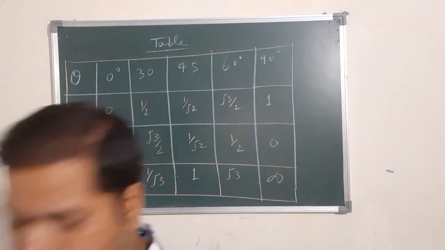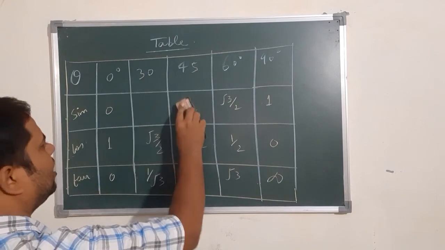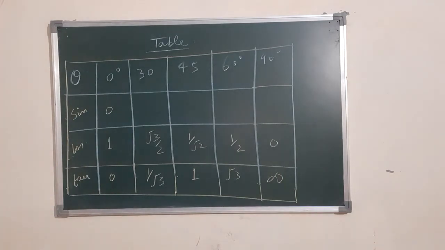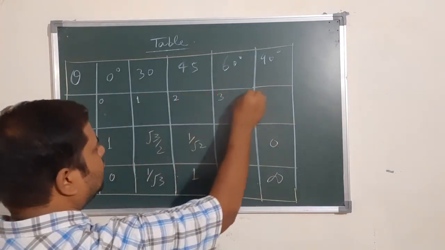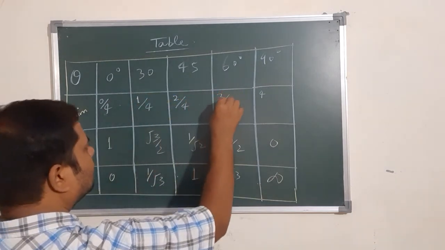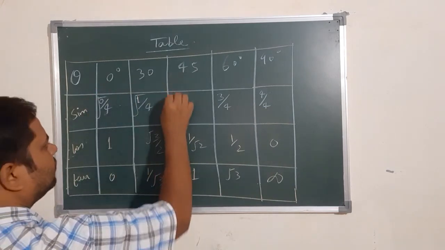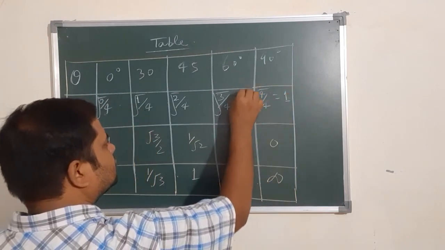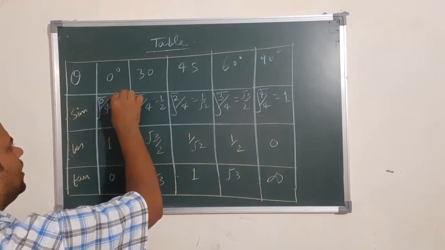Okay, I hope you have completed this one. So next thing, how will we find them? See how we will find. First we write the counting from 0, 1, 2, 3, 4, divided by 4, and taking the square root of these numbers, we will have 4 by 4, this is 1, this is root 3 by 2, this is 1 by root 2, this is 1 by 2, and this is 0.